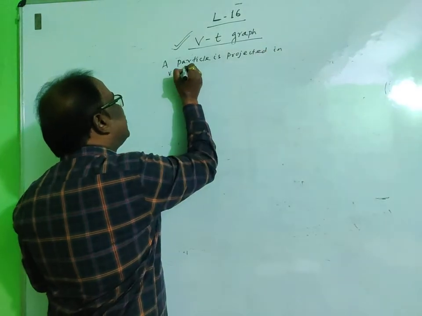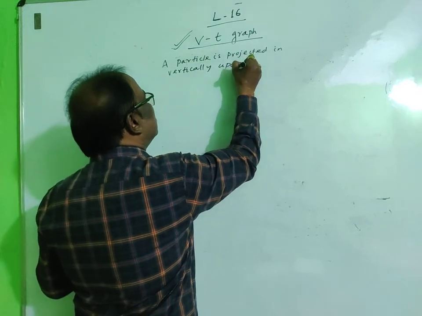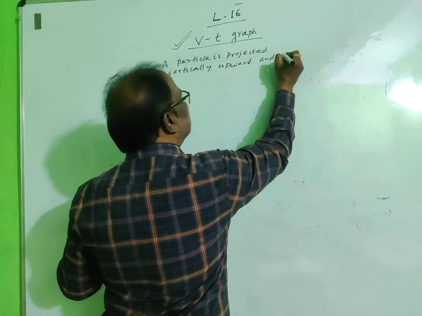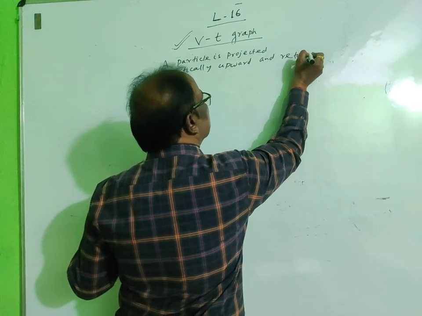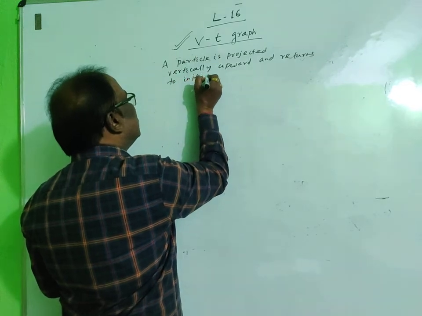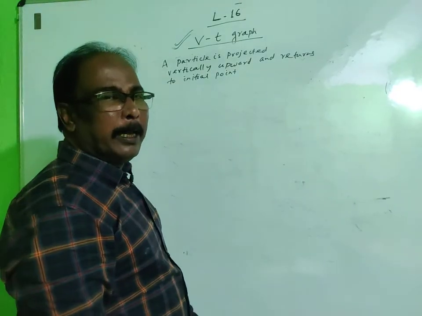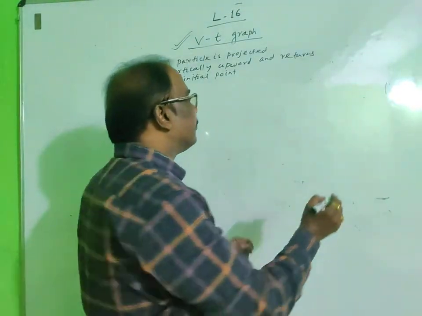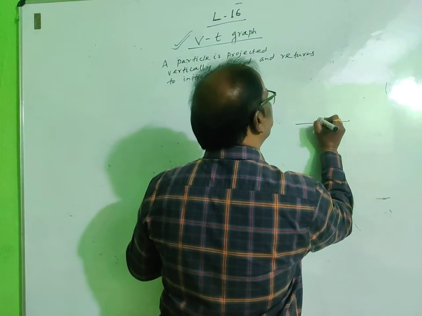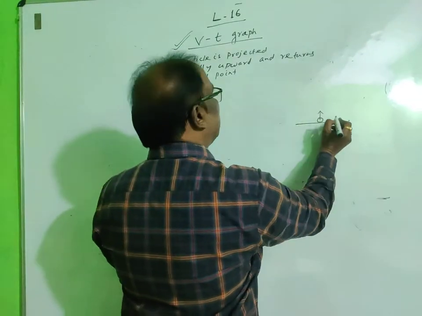We have to draw the velocity time graph. See, suppose this is the ground. Just observe. The particle is projected in the vertical upward direction.